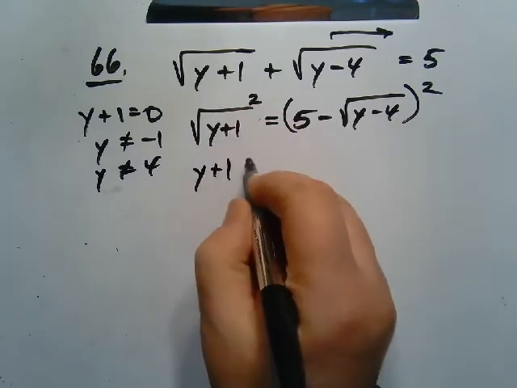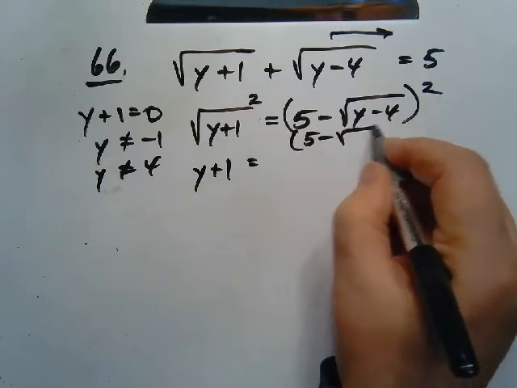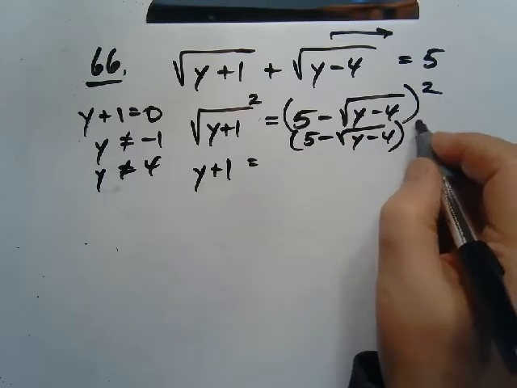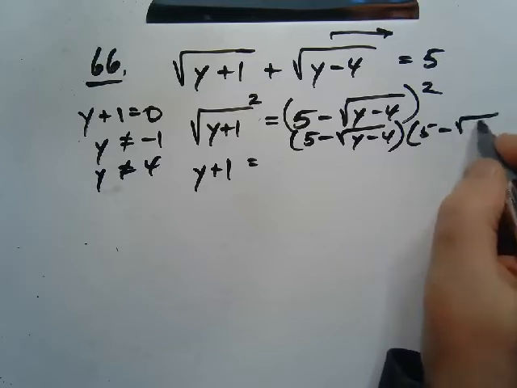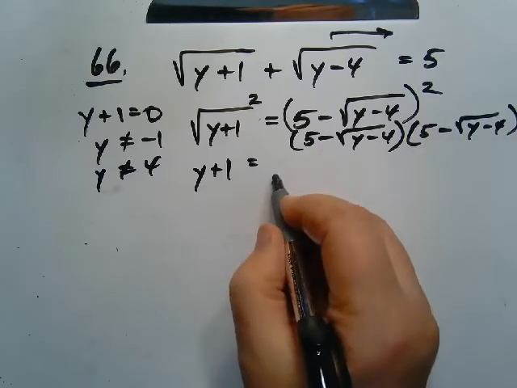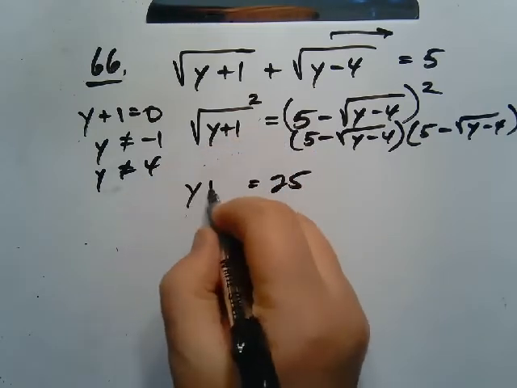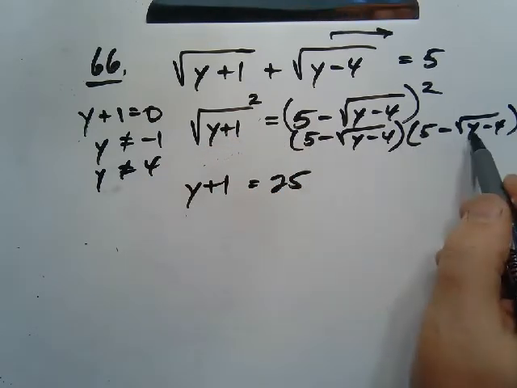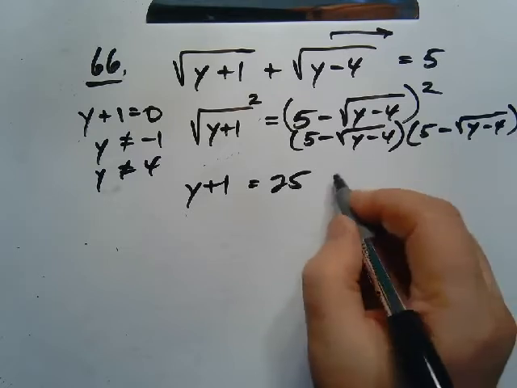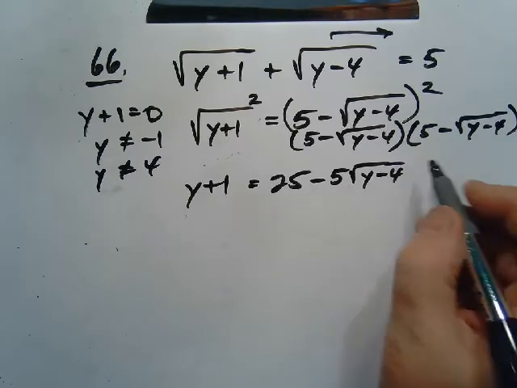Well, this is now y plus 1. And over here, if I FOIL this, let me write it out so we can see it. Multiplying it times itself. Well, what do we get? 5 times 5 is 25. 5 times negative root y minus 4, that's a negative 5 root y minus 4.